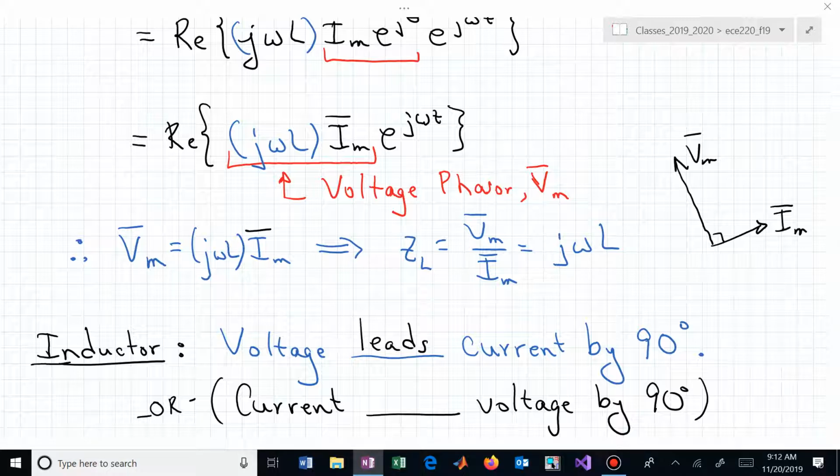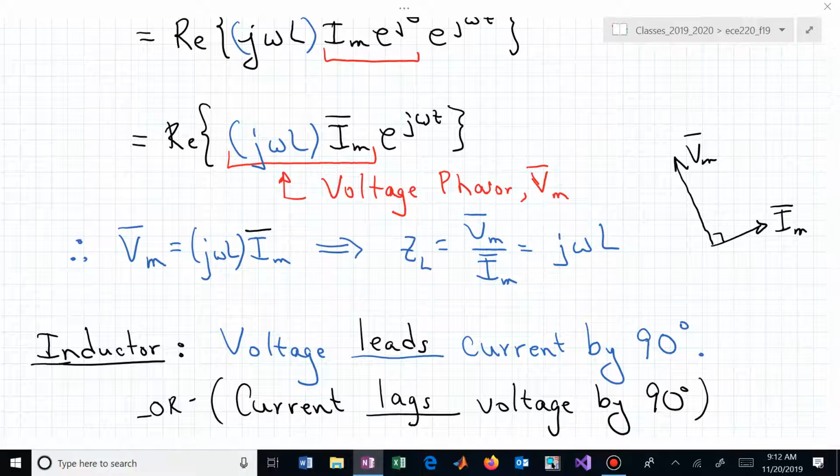There is now your voltage phasor on this inductor. Or you could say the current lags voltage by 90 degrees. Those are equivalent statements.